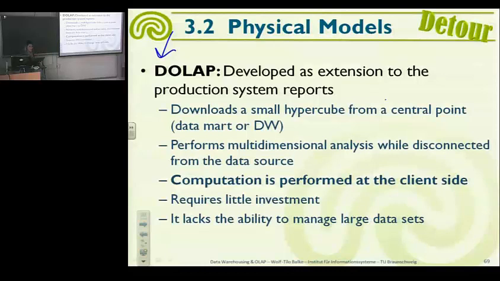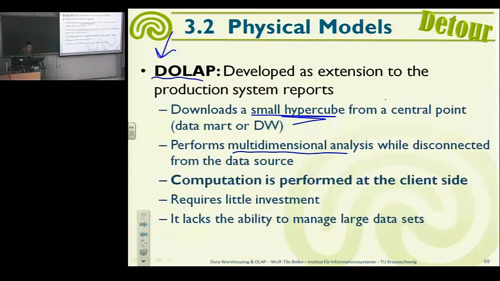The last solution is not really standalone, but rather you have to have something running at your back end, and this is a desktop solution. With this solution, you can have some of the data warehouse capabilities on your laptop, on your desktop, and you can have small hypercubes, so it's more or less kind of like a presentation level. You can do multidimensional analysis, and you don't have to be connected to the data source, you don't have to be connected to the OLAP server that's holding your data, but rather computations can be done on the client side.